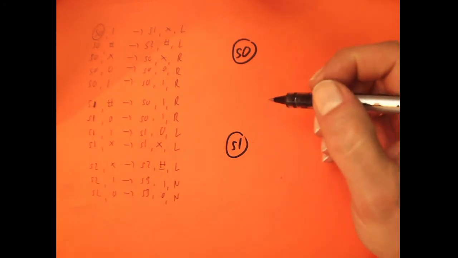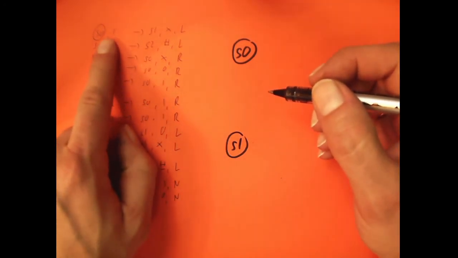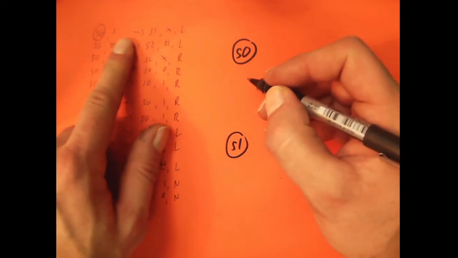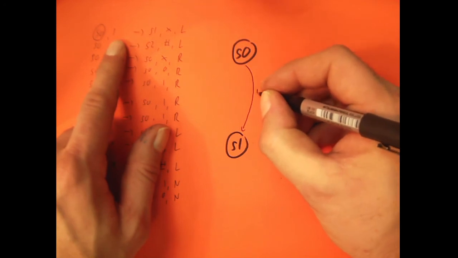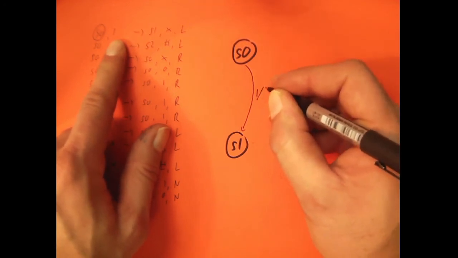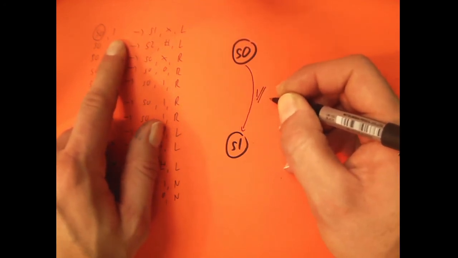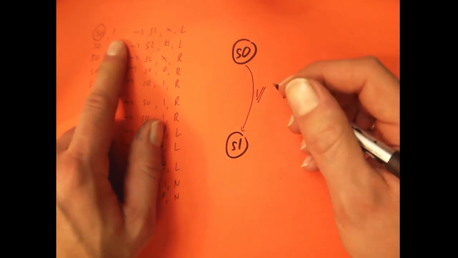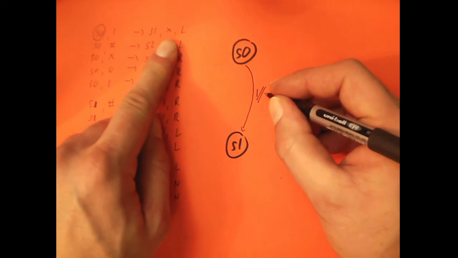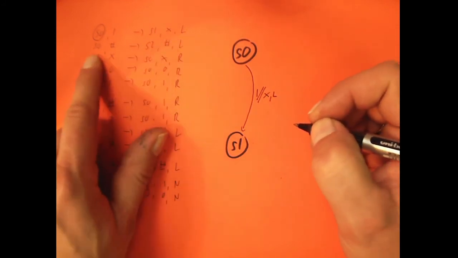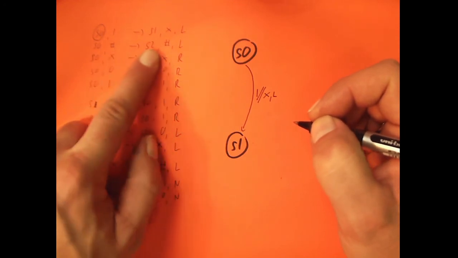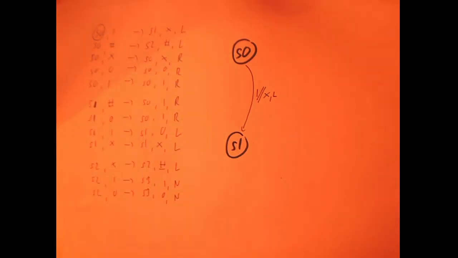So the first change here from S0 is the following. We read a 1, and now I mark the read, write and movement with this double slash, and we write an X and go to the left. So this is the first change. And then we have a change to S2, so we need an S2.